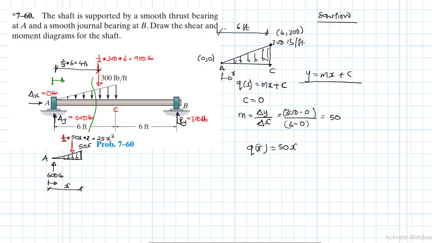All right, and the position for this is 50x times x is equal to 25x squared, and then the position for this position here, let me write this somewhere. I write it here. This is the maximum load, 50x, and then we are looking at this position here from there to there.